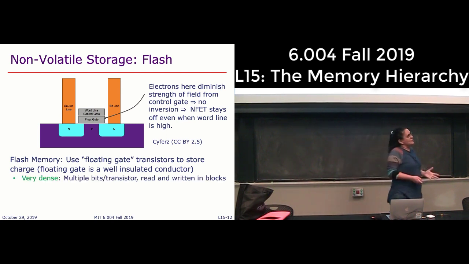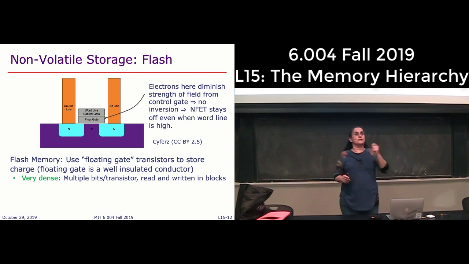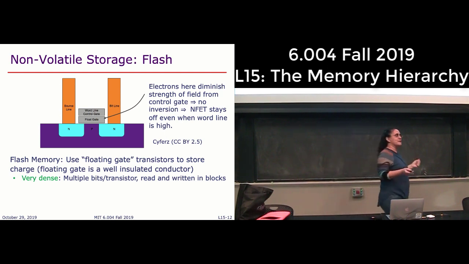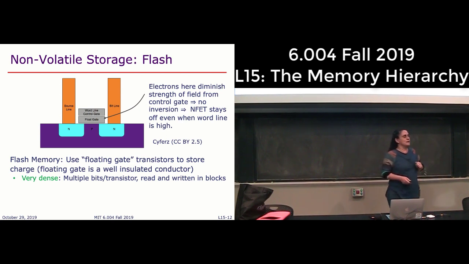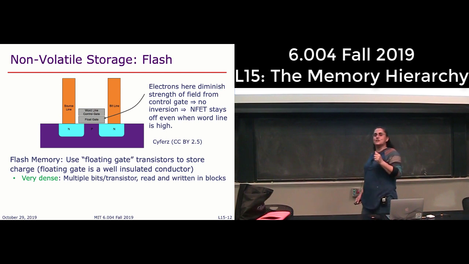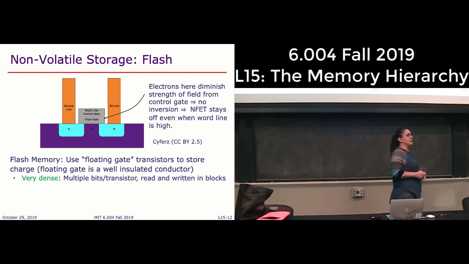What's good about them is that they're really, really dense. In fact, if you go a little bit further and rather than just checking whether your transistor is on or off, you measure the amount of current produced by the particular voltage you're putting at the gate, you could even use a single flash cell to store multiple values.